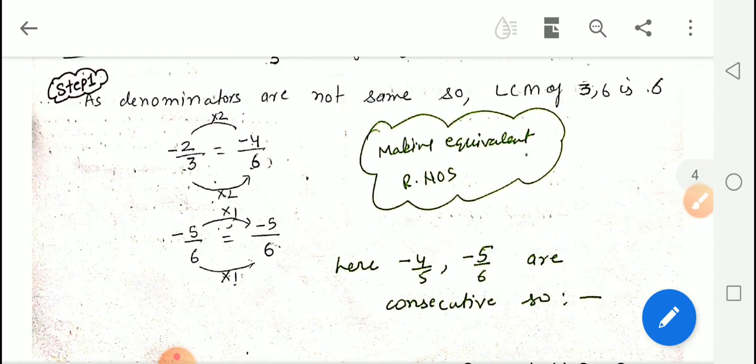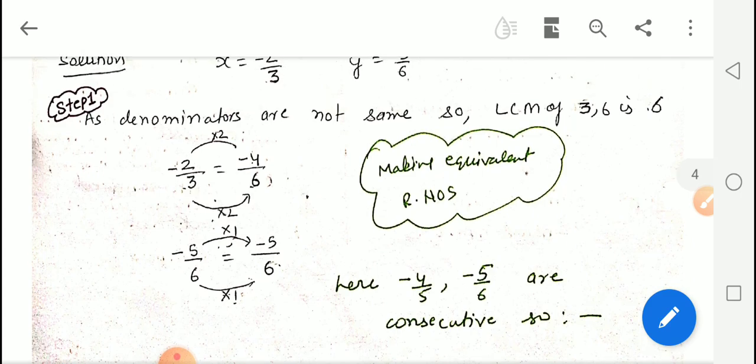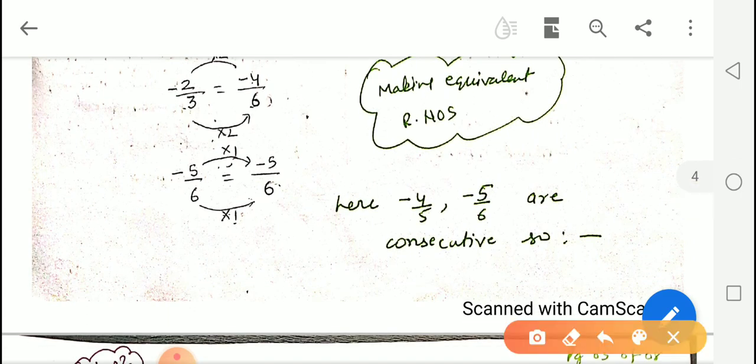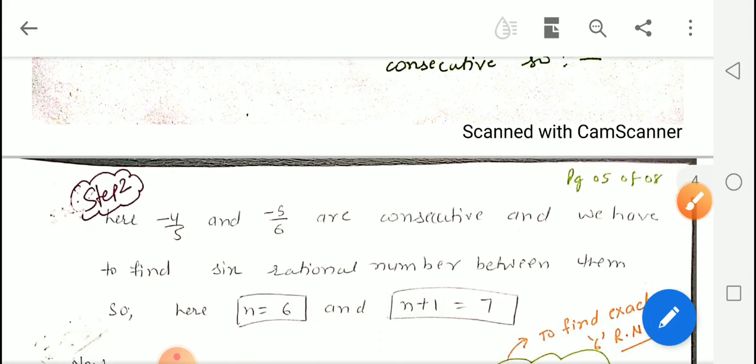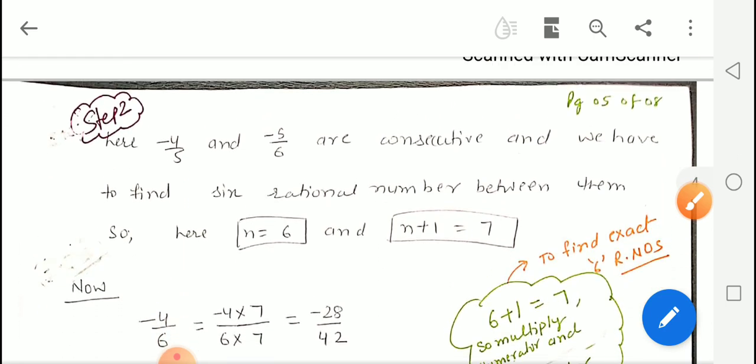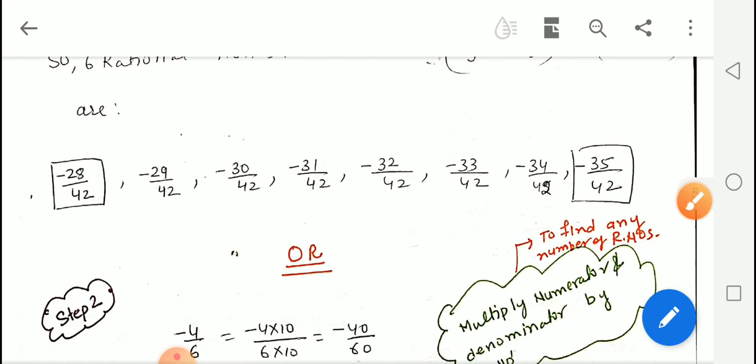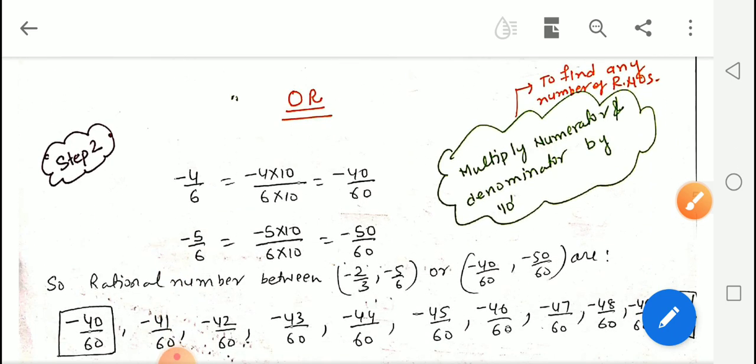Up to this step we will do the same, and after this step, because we have multiplied by 7 the numerator and denominator, now instead of this we can do this step also.